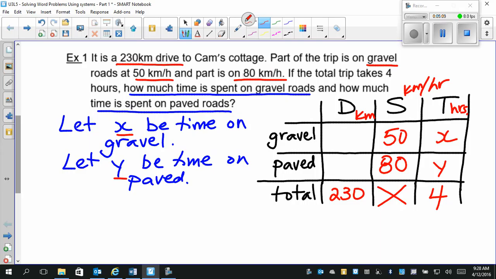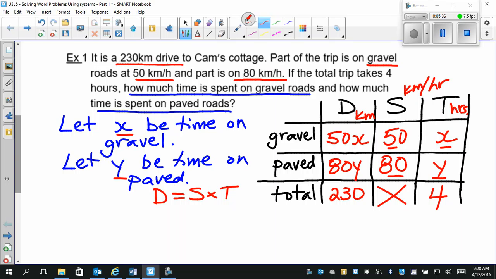And as we set up above, distance is equal to speed multiplied by time. So that means that I've got 50 and x here. So the distance traveled on the gravel is going to be 50x. And then I've got 80 and y here. So that's going to be 80y.